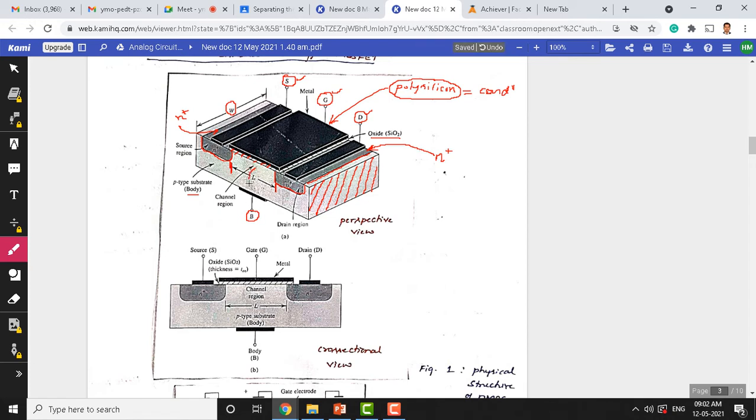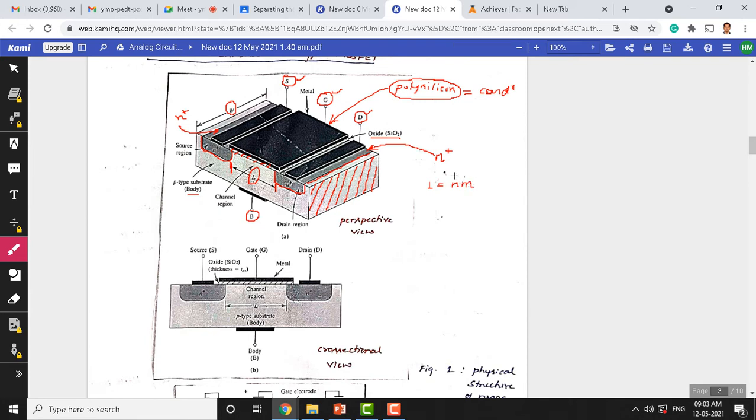Usually the IC designers try to minimize the length, and sometimes we maintain width as a constant, so that we can get more high speed. We can design high speed MOSFETs by designing this smaller L here. Current state of the art is nanometer technology.